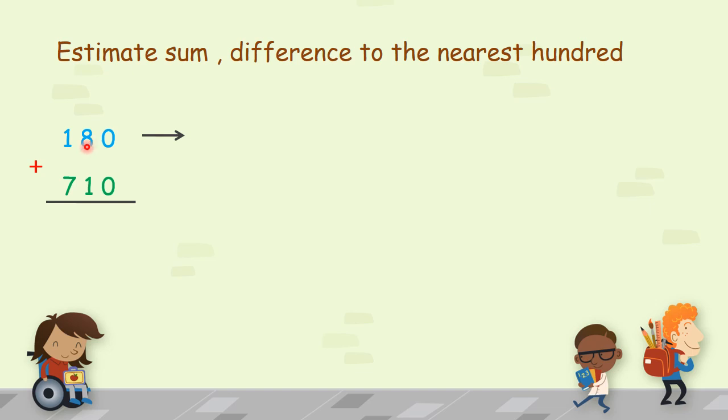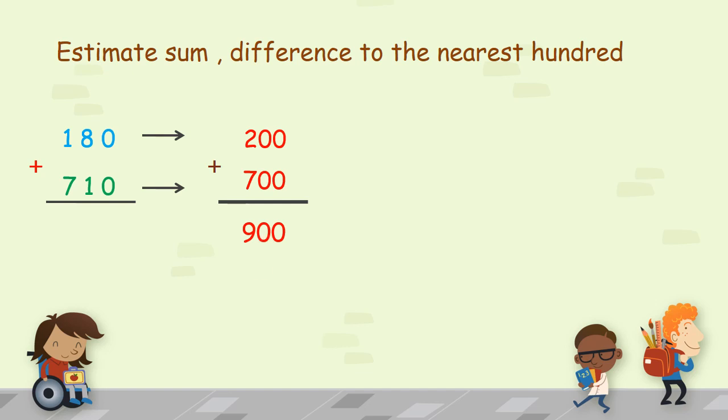Our tens is 8, so we're going to round up, so it becomes 200. Now here our tens is 1, so you're going to round down, so you're going to go back to 700. Let's add the estimate. Yes, 2 plus 7 is 9, so 200 plus 700 is 900.